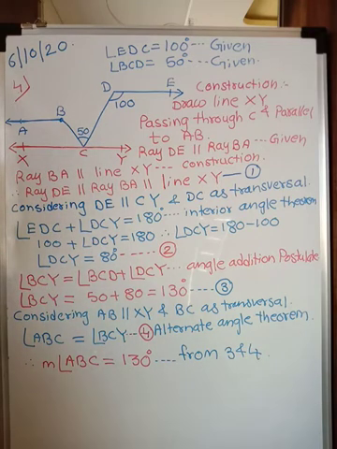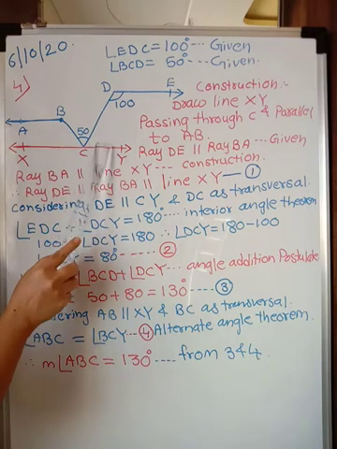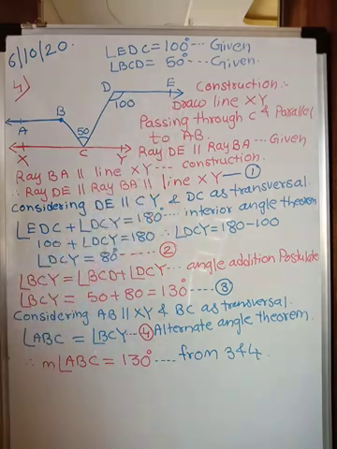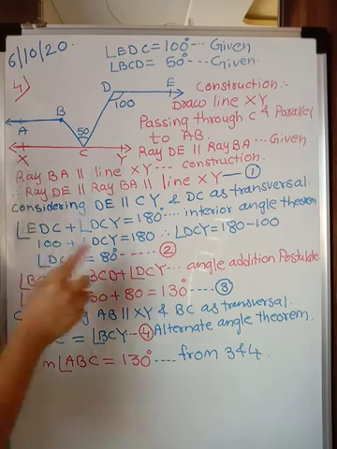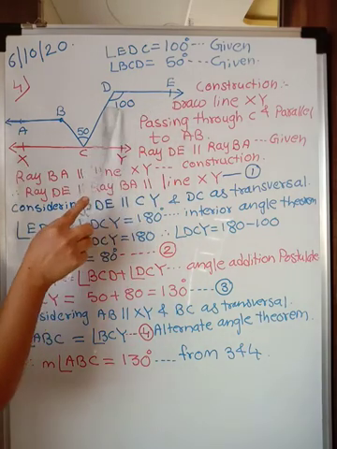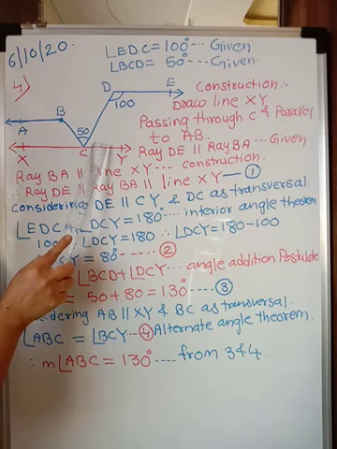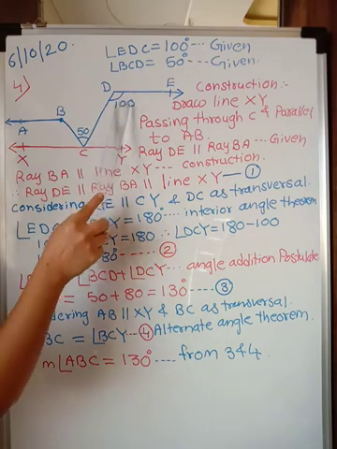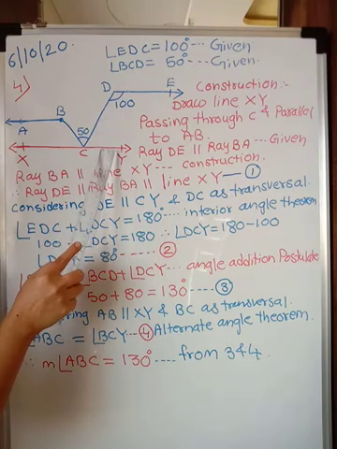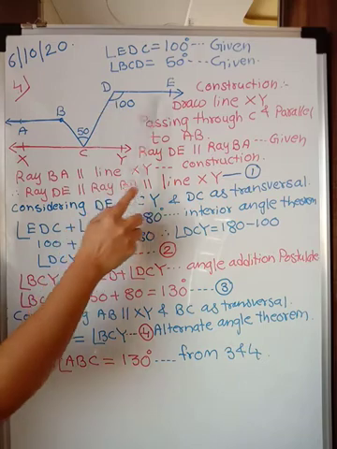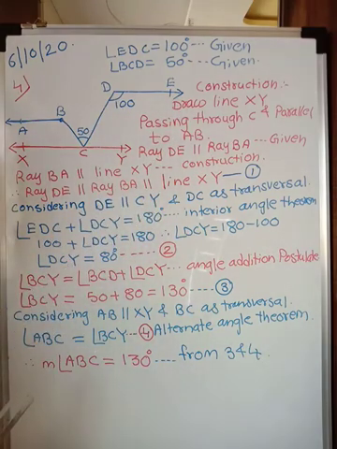By definition of interior angles, these two angles are interior and these two lines are already parallel. So what is the interior angle theorem? If lines are parallel, interior angles are supplementary. So if this is 100, this will be 80 degrees because 100 plus 80 will be 180 degrees. Addition of this angle and this angle will be 180 degrees because they are interior angles and these two lines are parallel, as given. Are you understanding me?